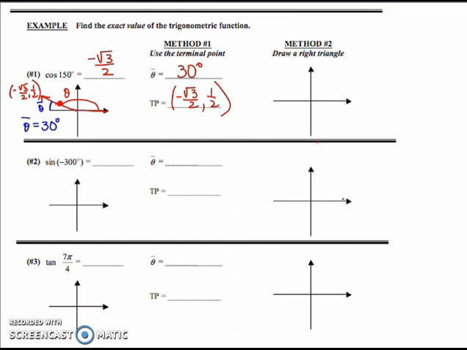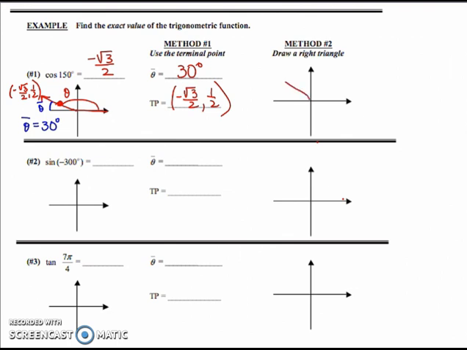Okay, so method 1, using the unit circle, using the terminal point, knowing that the cosine of the angle is the x value. In method 2, we are going to instead just look at a right triangle in the second quadrant. We know that we're looking in the second quadrant because we are looking at the 150-degree angle.